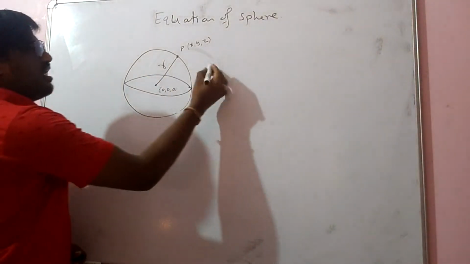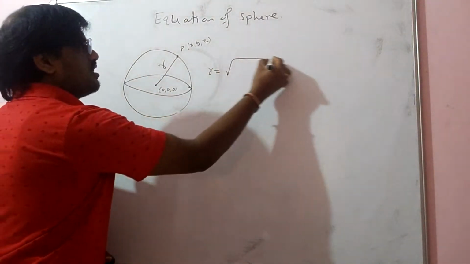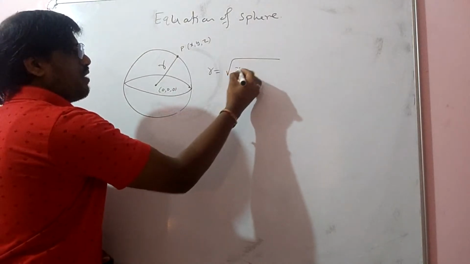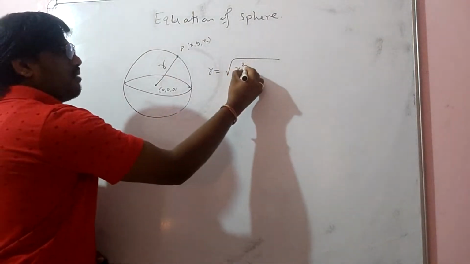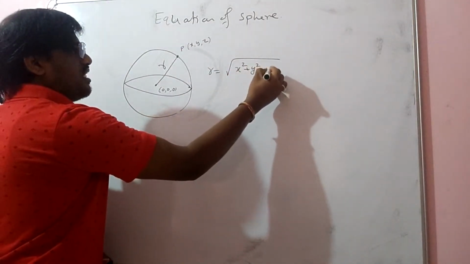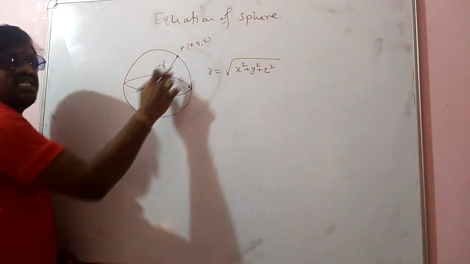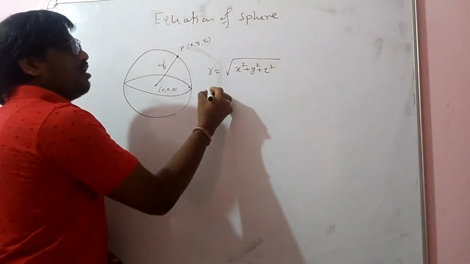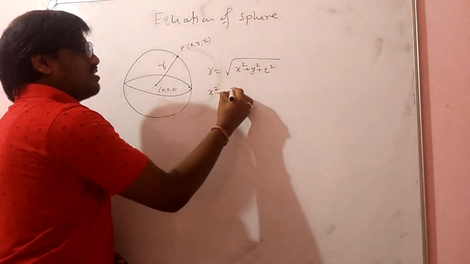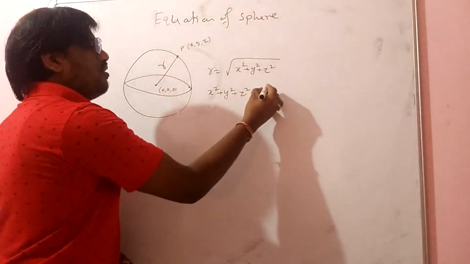So the radius equals, using the distance formula, the square root of x minus 0 whole square plus y minus 0 whole square plus z minus 0 whole square. Squaring on both sides, you get x square plus y square plus z square is equal to r square.